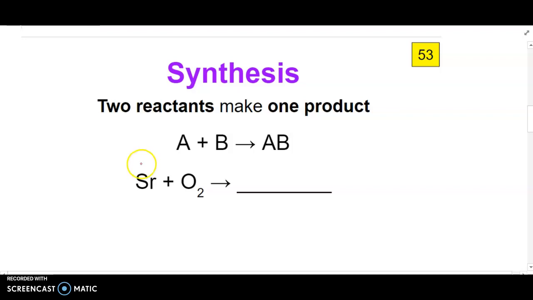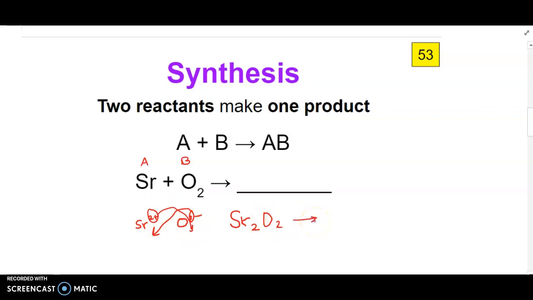I'm going to start by just saying that Sr is A and oxygen is B. Now what I can do is decide that if A and B come together, this is an ionic compound, so I'm going to look for charges. Strontium, Sr, is 2+, oxygen is 2-, and when I drop and cross those, 2 becomes the subscript on strontium, so Sr2, and 2 becomes a subscript on oxygen, O2.